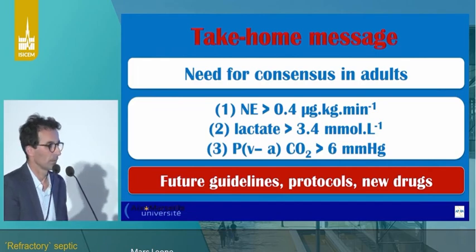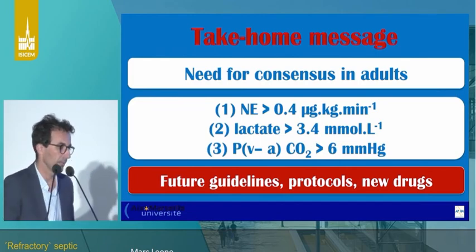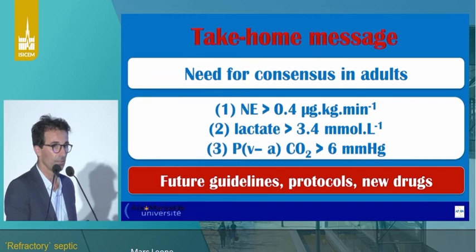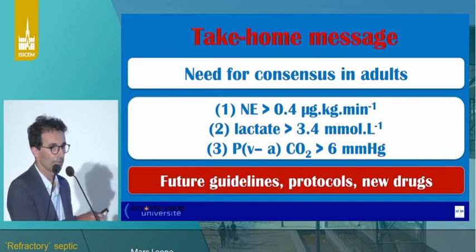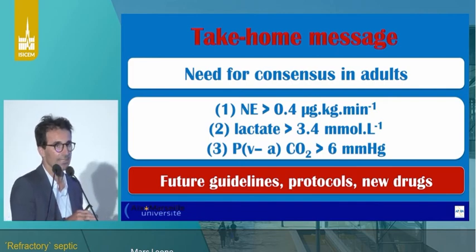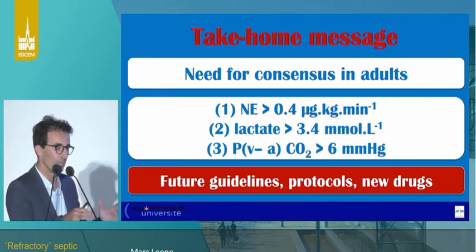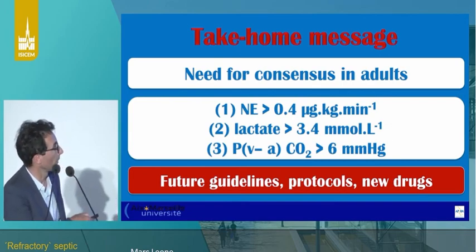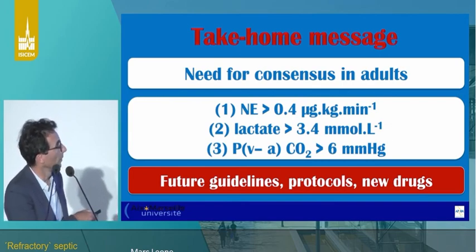So my take-home message is very simple. There is a need for consensus in adults. We can use the same methodology that was used by the pediatricians, because I think it's very good. The definition cannot rely on a single variable, but I propose, for example, these 3 variables: the dosage of NE, the level of lactate, and the PCO2 gap.